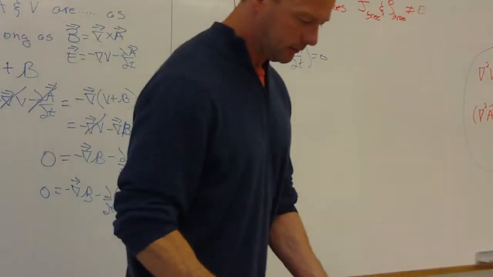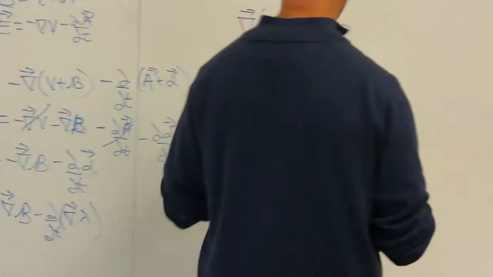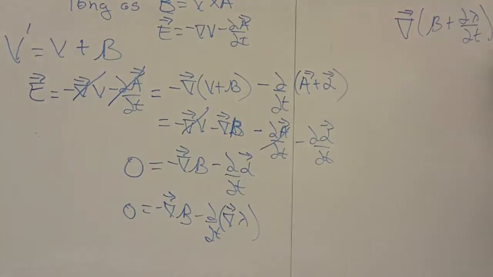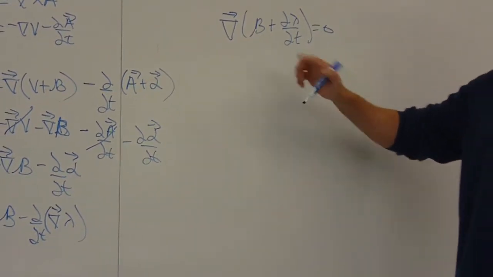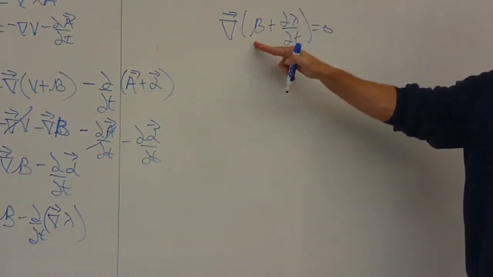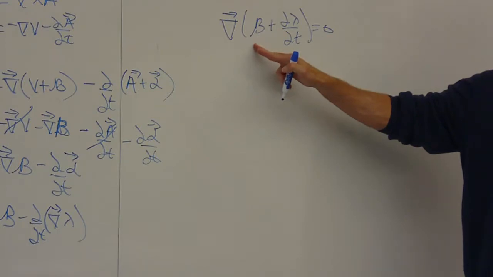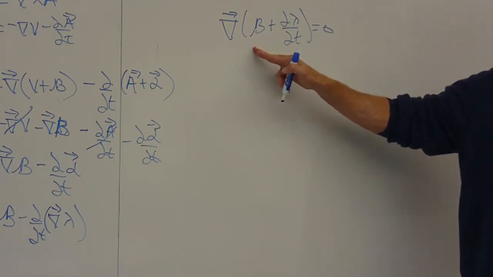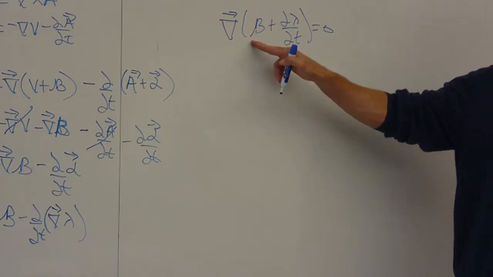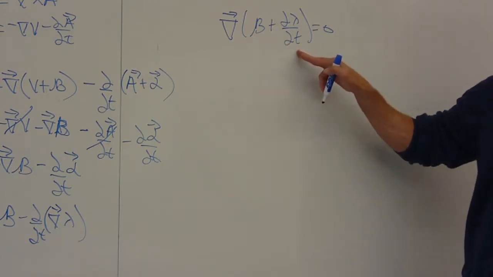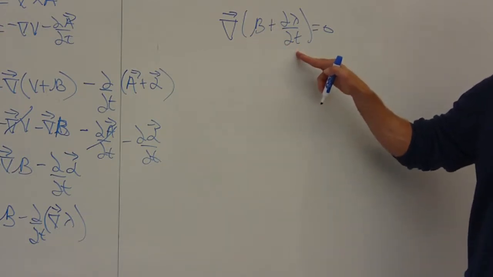All right, and so what does that say? This is a little bit subtle. What does it say about beta plus the partial of lambda with respect to t? Does it have any spatial dependence? No, it's time based. So it's essentially constant with respect to any type of space coordinates, but it could depend upon t.